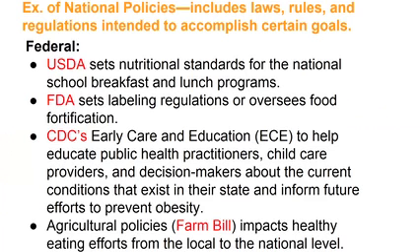Here are some examples of national policies, laws, rules, and regulations that were intended to accomplish certain goals. So these already exist. These are federal policies. The first one is overseen by the United States Department of Agriculture, and they are the group that sets nutritional standards for the national school breakfast and lunch programs.